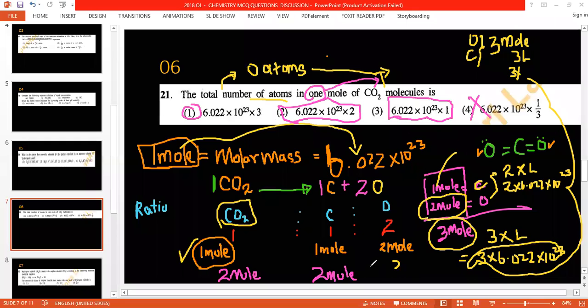Right. Okay. Then here 2 mole and here should be 4 mole. The ratio should be 1:1:2. Then all together, how many moles? 6 mole. And if they ask 2 mole here, then the answer should be 6.022 into 6 here.